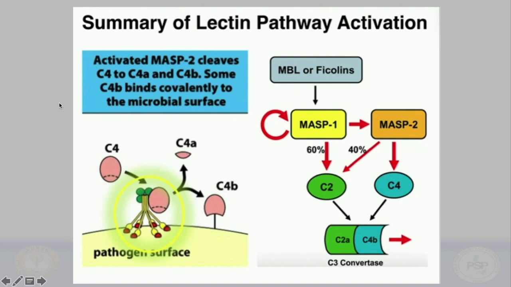Now, the lectin pathway, on the other hand, is activated in the presence of mannose binding lectin, which is usually present in the cell wall of bacterial cells. So in the presence of bacterial cells, this lectin pathway can be activated as well.